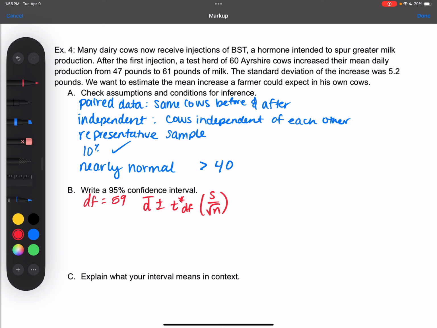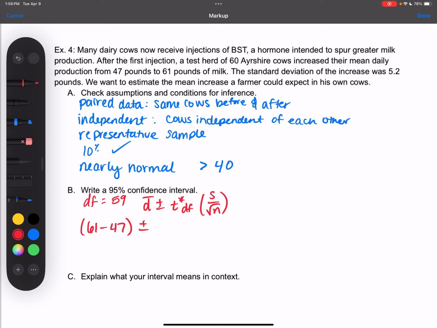So this one's going to be 61 minus 47 plus or minus, this is a 95% confidence, T star for 59, so 0.05. Now 59 isn't on here. So what do we do? We go to the closest. We go down?